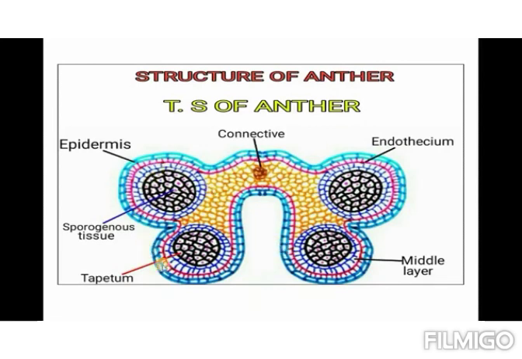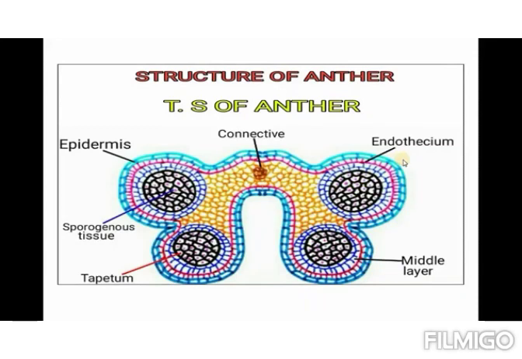In one lobe there are two microsporangia. This internal structure, this black color, is called the microsporangia or the pollen sac. This is one, this is another one. So this is one theca or lobe, and this is another one. This is one microsporangium, this is another microsporangium. So in one lobe there are two microsporangia. This is also called the pollen sac, in which pollen grains are there.